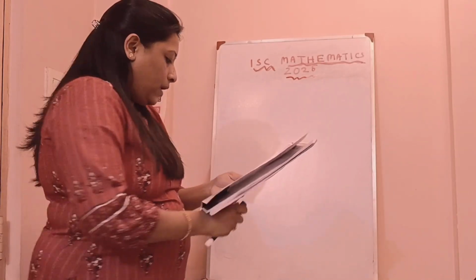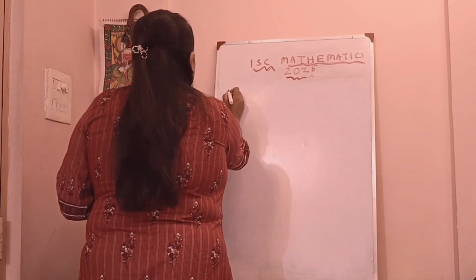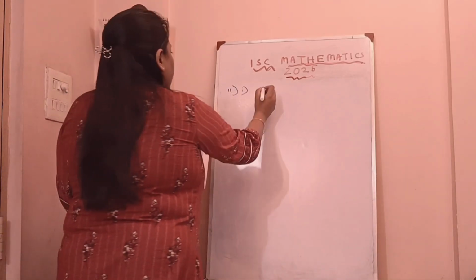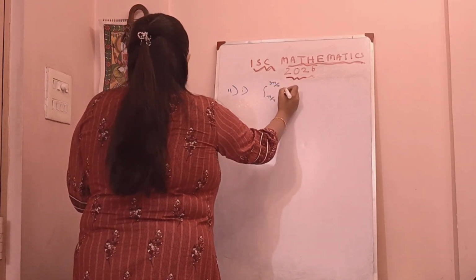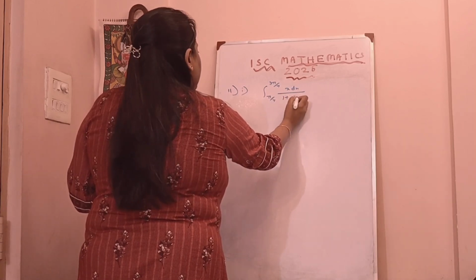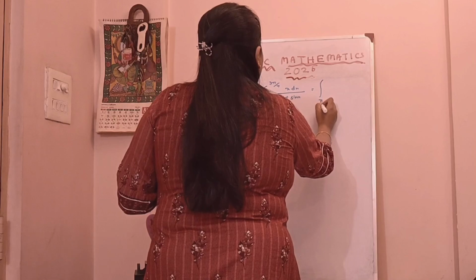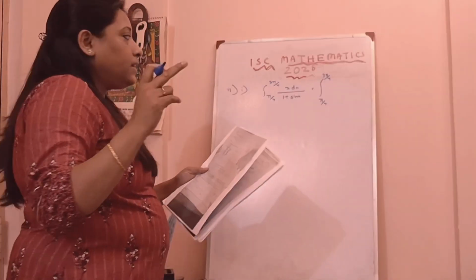This is the integration part. 11.1. Let's see the board. Integral from pi by 4 to 3 pi by 4 of x dx divided by 1 plus sin x. So what I'm doing is multiplying the numerator and denominator by 1 minus sin x.